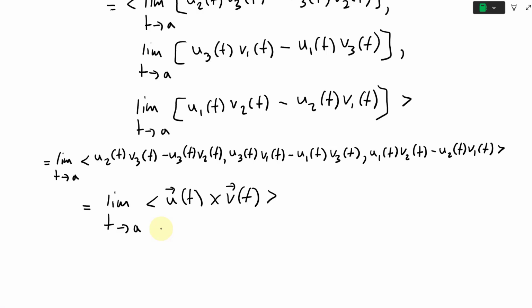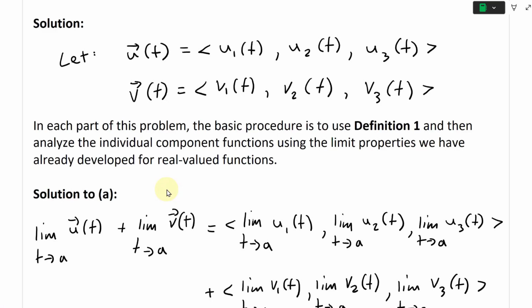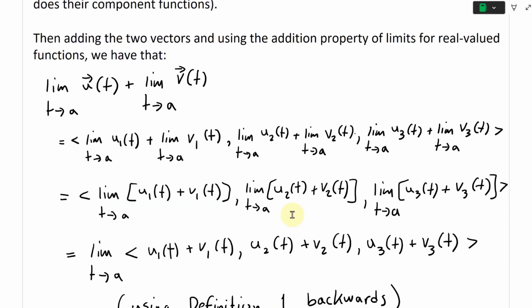Alright, so there it is, and that's exactly what we have there. We can scroll back up to the question and see that basically we went from here, and we showed that the limit of the individual vector functions, then the cross product, equals the same thing as if you take the cross product and then take the limit. So yes, epic stuff there.